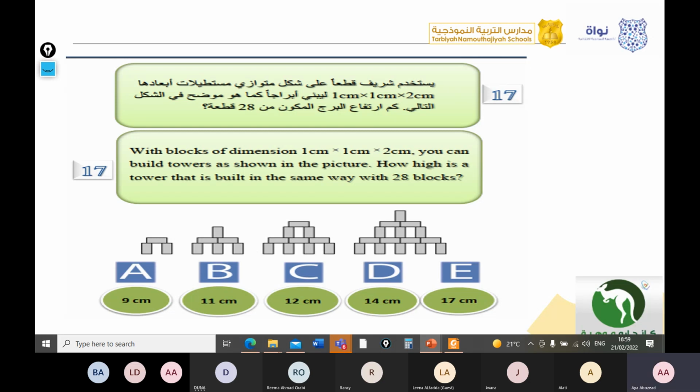Joanna and Rancy 25, Lati and Banan 35. So who took more? Teacher, I took 35. Donna? Yes. Donna and Lati 35. Excellent. So I give you two gold medals.